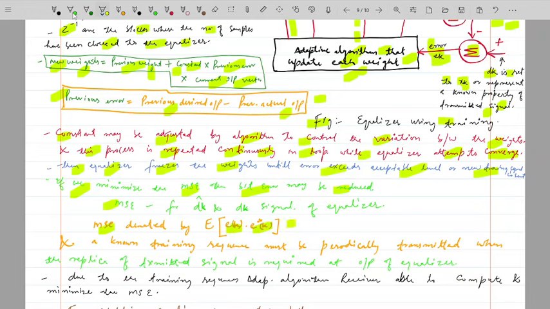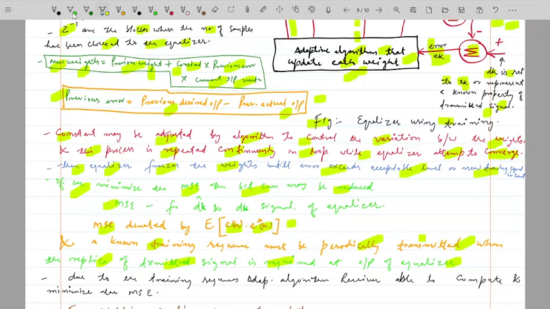And a known training sequence, or we can say a pilot signal sequence, must be periodically transmitted when a replica of the transmitted signal is required at the output of this equalizer.